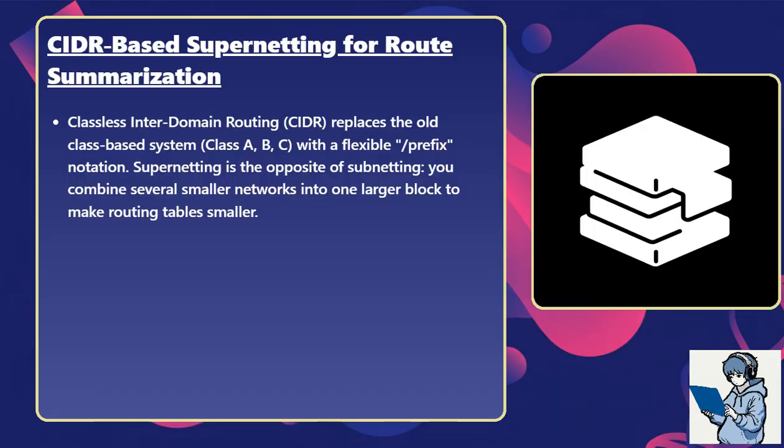Classless inter-domain routing, abbreviated CIDR, replaces the old class-based system, class A, class B, class C, with a flexible /prefix notation. Supernetting is the opposite of subnetting. You combine several smaller networks into one larger block to make routing tables smaller. How summarization works.